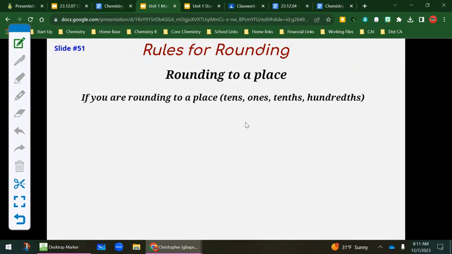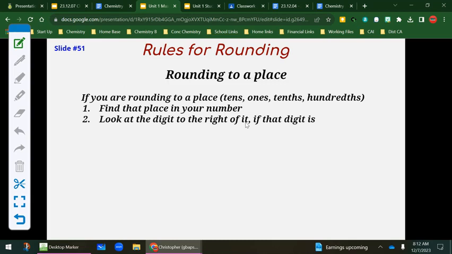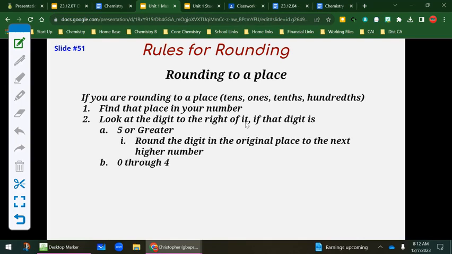When we're rounding, we always look one place beyond where we're rounding to determine if we leave that number in that place or if we move it up. The rule is, you find the place in that number. So if we're rounding to the tens place, we find the number in the tens place. You look at the digit to the right of it. If the digit to the right of where you are rounding is 5 or greater, we raise it up. If the number is less than 5, we leave it.